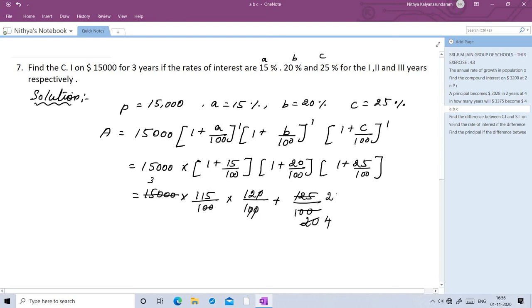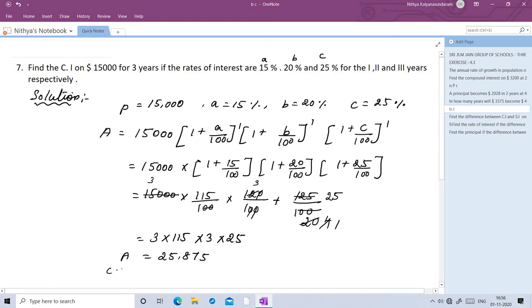Then the balance is 25. 5 fives are 25. 4 table: 1 four is 4, 3 fours are 12. So 3 into 115 into 3 into 25. If you multiply, you will get 25,875. This is your amount.